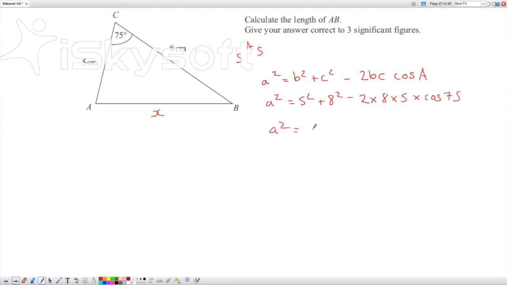Multiplying all of that out, our value for a squared will come up on your calculator, 68.29. Keep all the numbers on your display, square root that value to get your answer for a, which is 8.264. Rounding to 3 significant figures, the final answer for a should be 8.26.